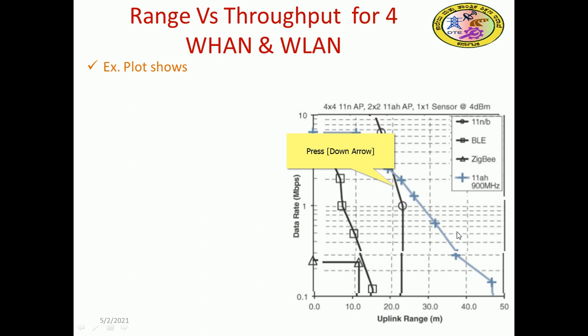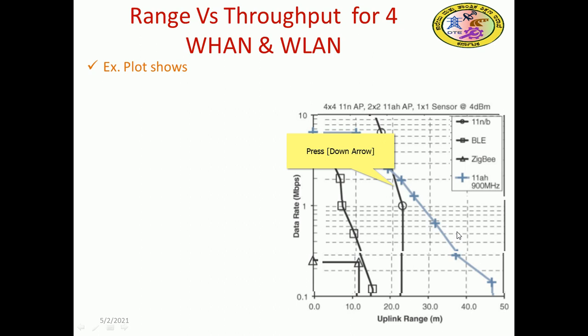And here you can see IEEE 802.11ah, it will come here, and it will fall, right? So it has a moderate degradation of the slope, right? Whereas the other one is the round circle, that is 802.11, which has a huge data rate.